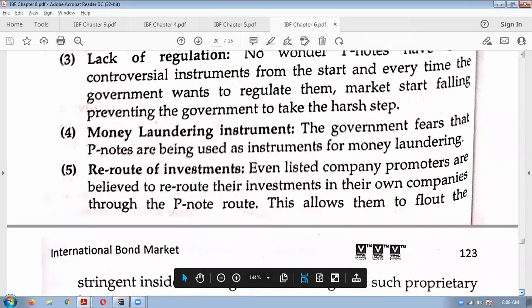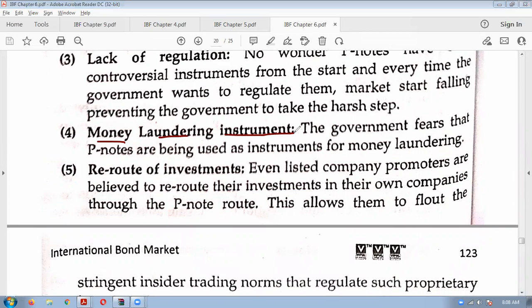P note is also used as an instrument for money laundering. Okay, money laundering is the use of illegal money in the financial channel. There is also an act known as the Prevention of Money Laundering Act.